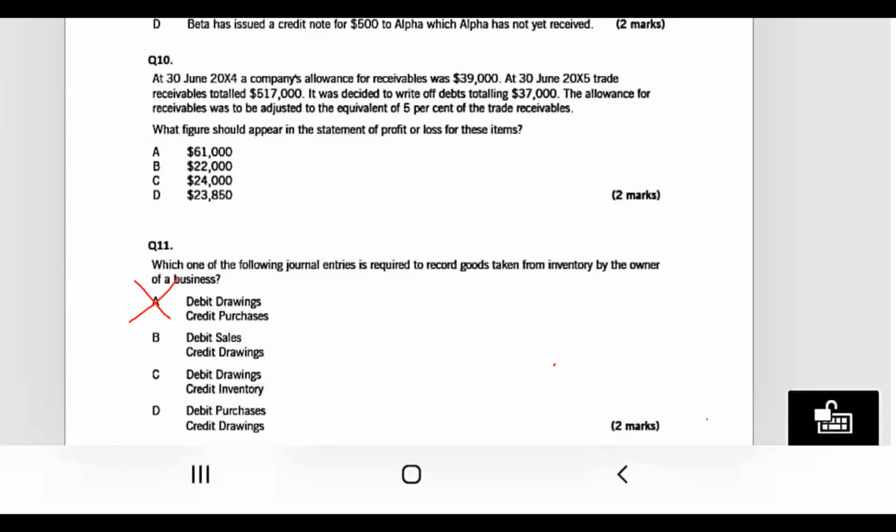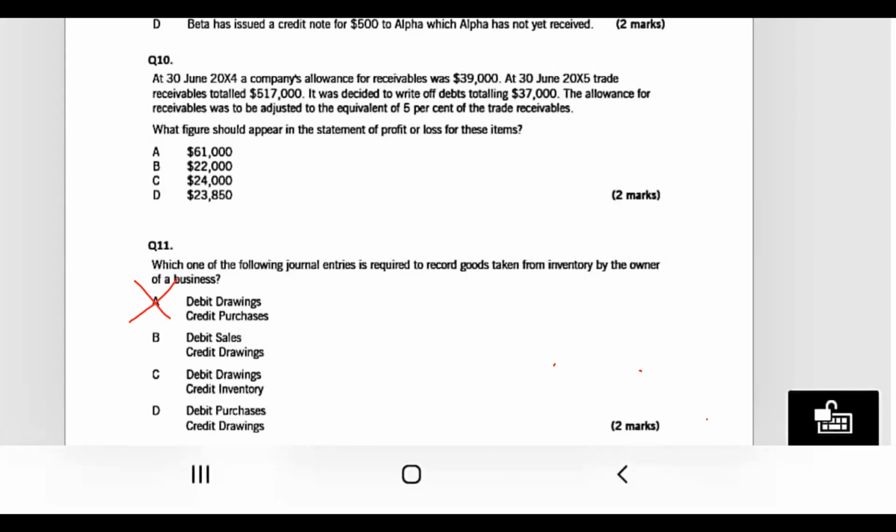Okay, so since the owner is getting goods from the business, that means it's drawings. So purchases is like purchasing. So the purchases will be giving, then the drawings will be like receiving. Okay, interesting.